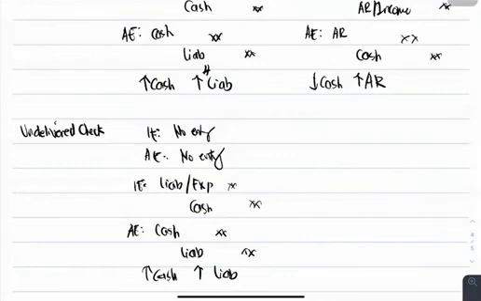So do not assume that there was no entry for your undelivered check. You follow the rule that it increases the cash and increases the liability. Take note, why? Because although you already have a check as a payment, it was not issued. Therefore, in short, you did not even pay cash. So you need to revert that. That is for undelivered check.